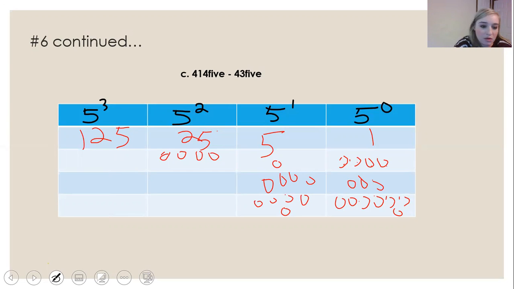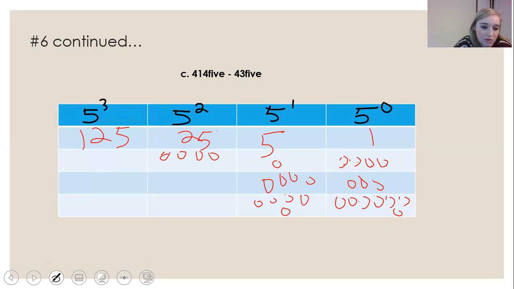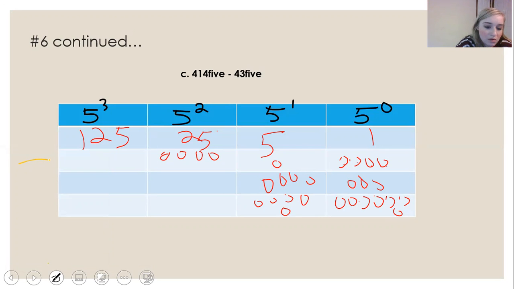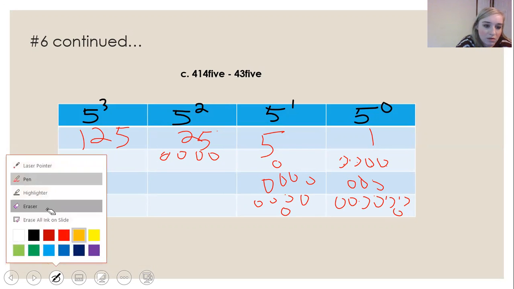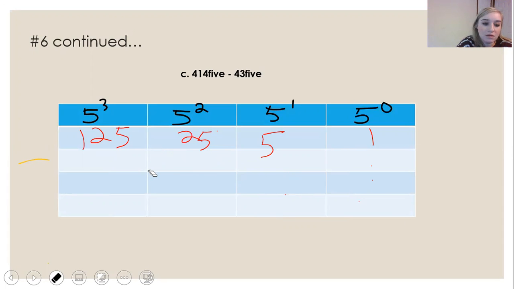So remember, I'm going to start over. I just remembered I messed up. So we are subtracting here. Never forget what we're doing. That just shows you how easy it is.